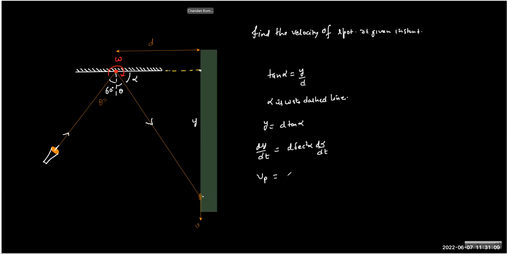Because alpha is 30 degree here at that instant, and d alpha by dt we can write as 2 omega, V turns out to be 2 omega d sec square alpha. And sec square 30 is how much? Cos 30 is root 3 by 2, so sec square is 4 by 3, right?